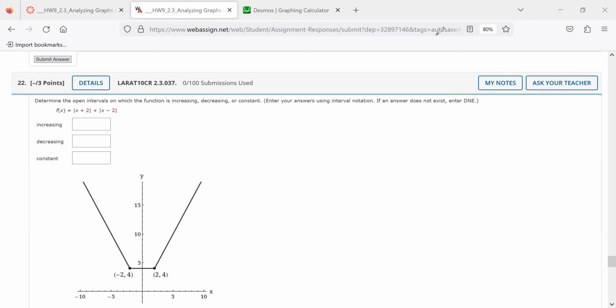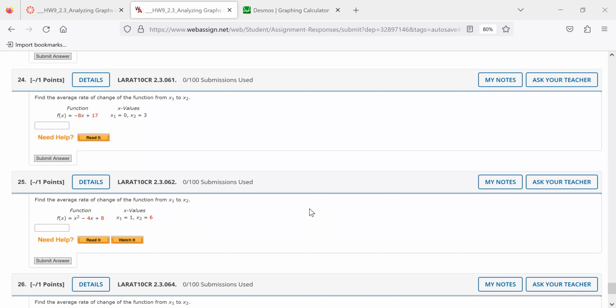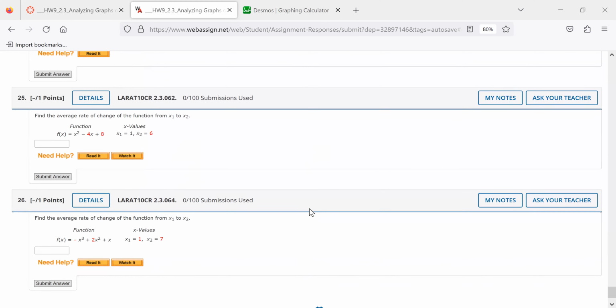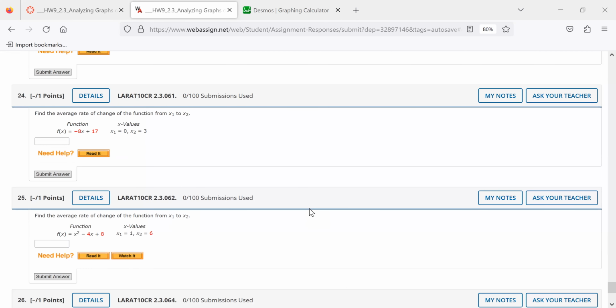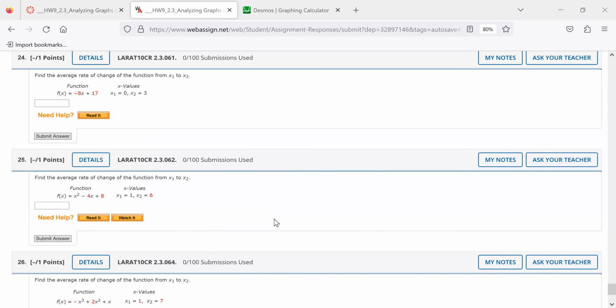All right, it's the same type of stuff. Here's the last set of problems. Average rate of change. All that is a slope formula.